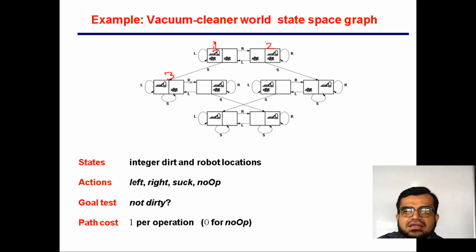That means it performs the right operation, and it enters into the fourth state. In the fourth state, there is no dirt and no robot in the first location, but in the second location the vacuum cleaner is there and also the dirt is there.